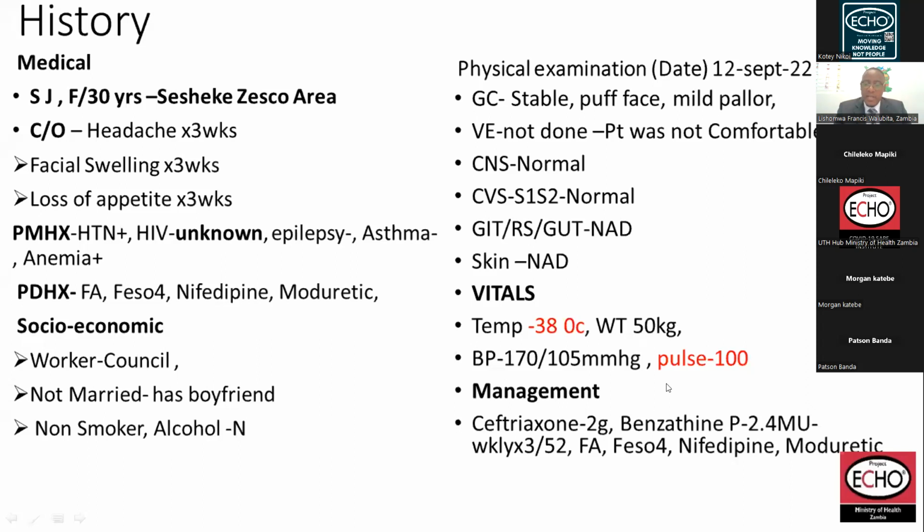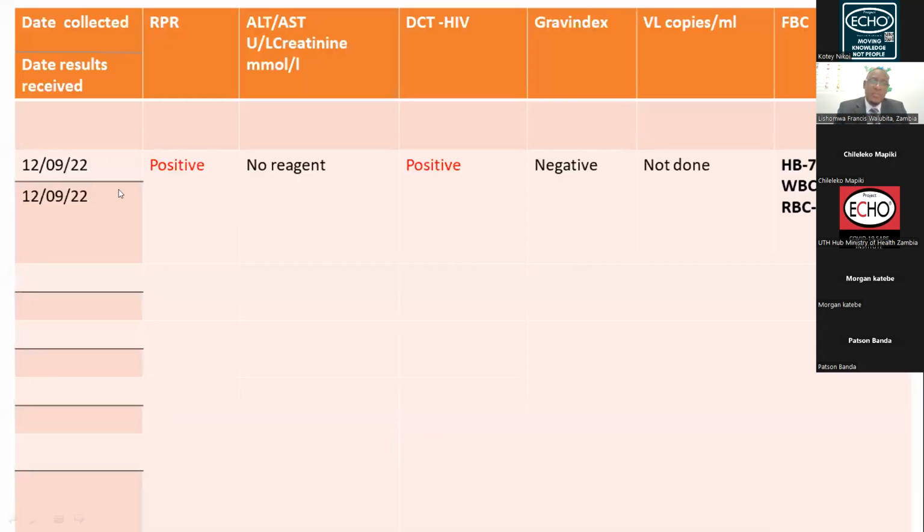The management this client received was ceftriaxone 2 grams, benzathine penicillin 2.4 mega units weekly for 3 weeks, folic acid, ferrous sulfate, nifedipine, and a diuretic. On the 12th, the tests conducted were RPR, which came out positive. Liver function tests were not done because we had no reagents.